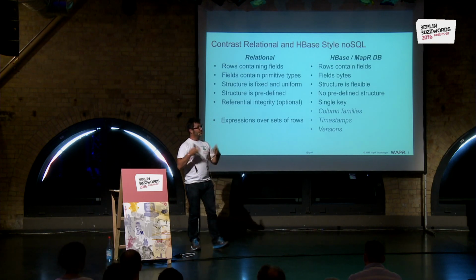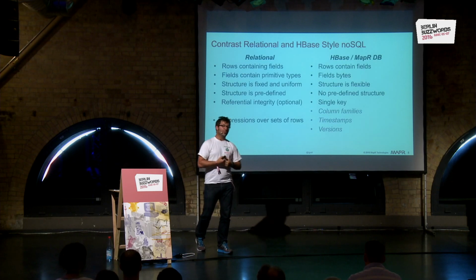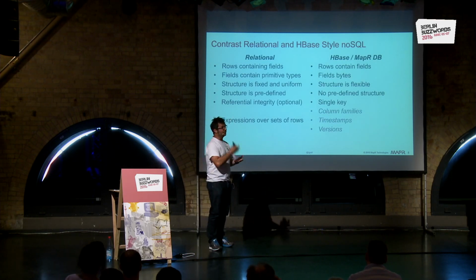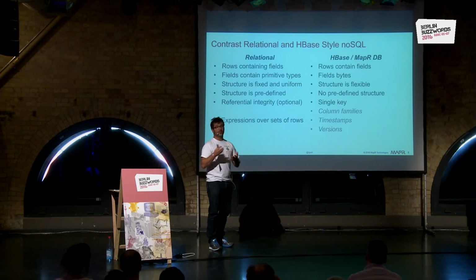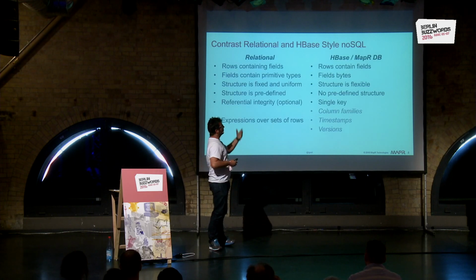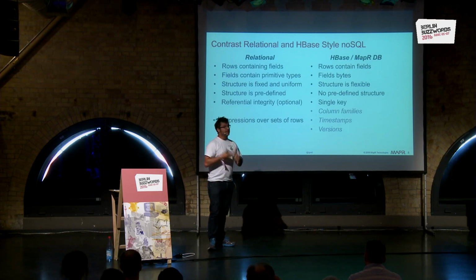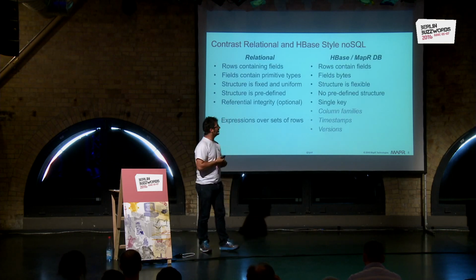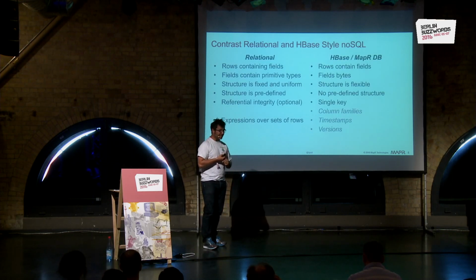In many cases, in real life, when we are talking about one customer or one product, the number of attributes, the number of fields, could vary from one customer to another. This is one of the reasons the structure is flexible in NoSQL engines, to make life easier when you have to access or organize information.